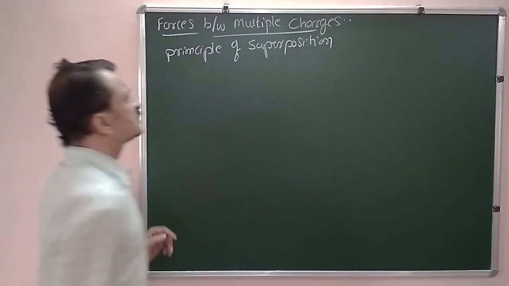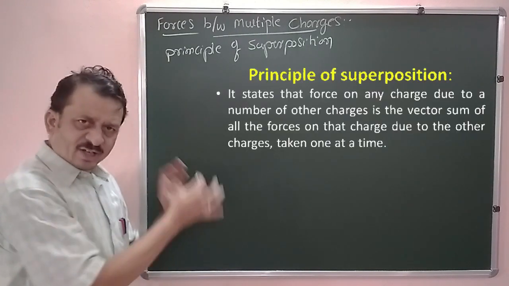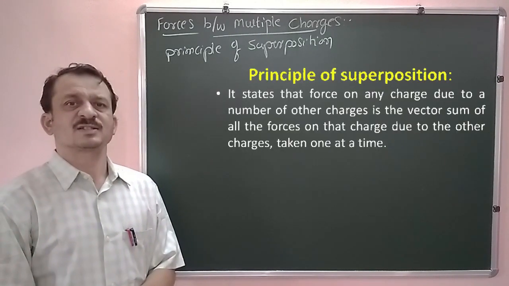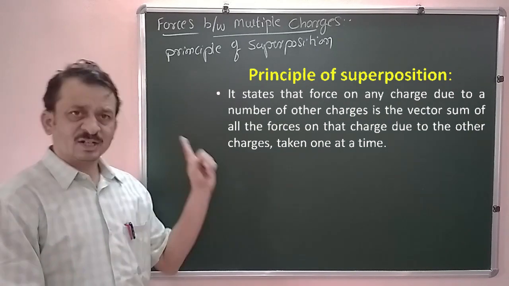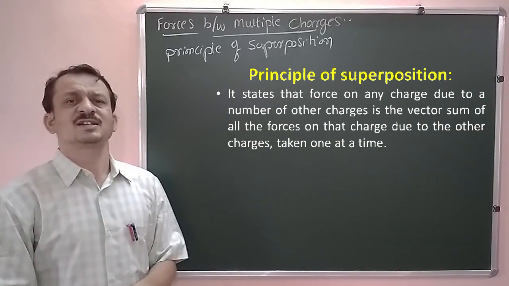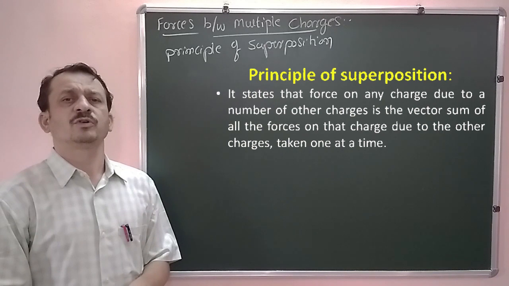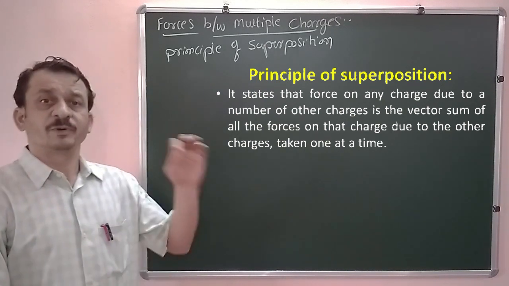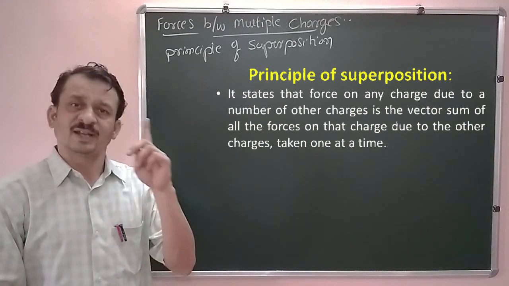Now what this principle of superposition says: if we are having a system of charges, then the force on any one charge due to the other charges is the vector sum of forces between pairs of charges taken one at a time.